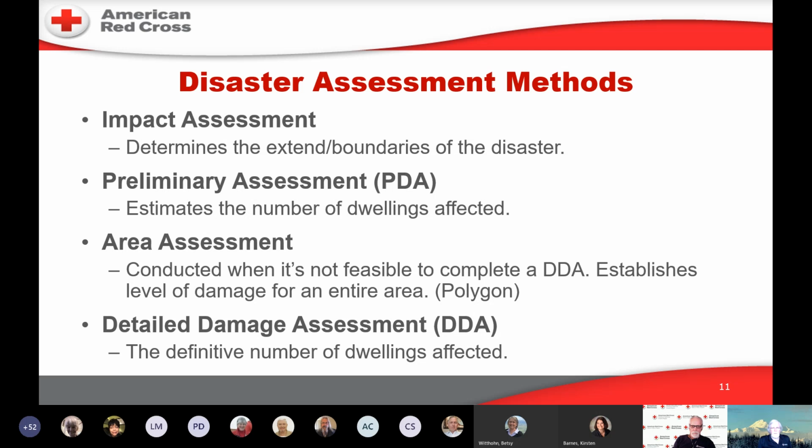It may not be the entire impact area, but it does allow for casework and things to occur a little bit differently later on. Detailed damage assessment is when we finally can go in and get a good idea of how many homes are fully affected.